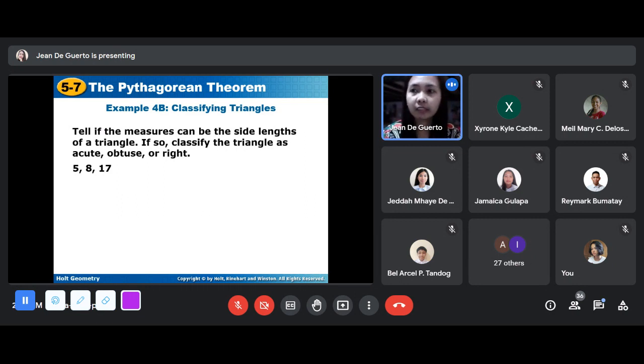5, 8, 17. So first step, identify muna natin kung itong measurements na to are possible measures of the length of the sides of a triangle.